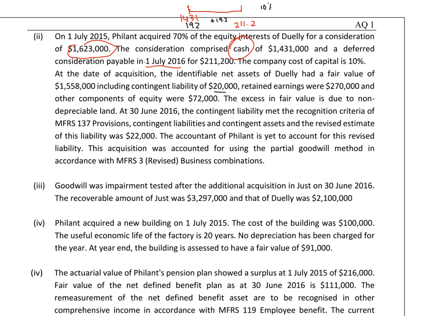So how much is my booking? Fair value is given. Other notes?